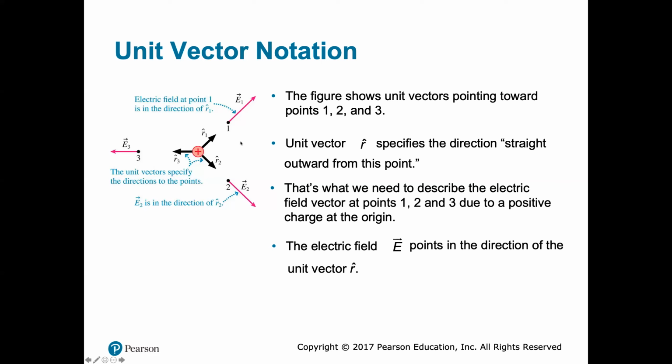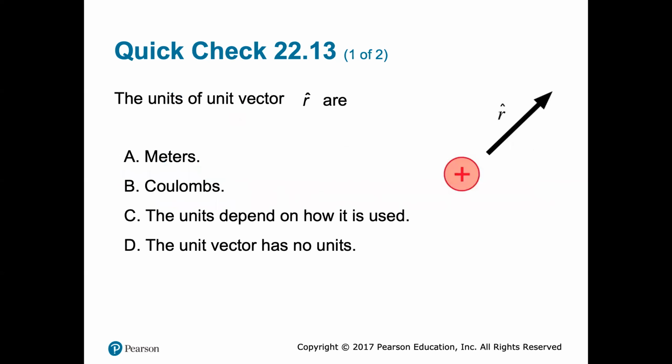Once we have learned the unit vector r hat, we can denote the electric field by magnitude times the unit vector r hat. One thing we need to be careful about is that a unit vector doesn't have any unit. It's not in 1 meter or 1 centimeter. It only has the direction. So no unit is assigned to a unit vector.